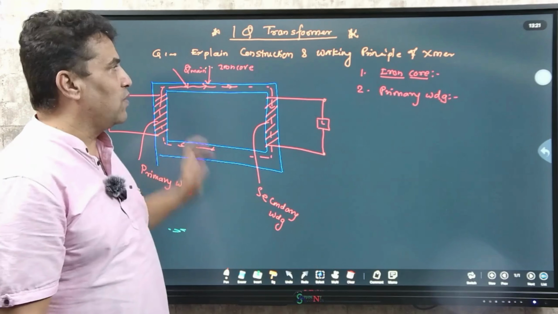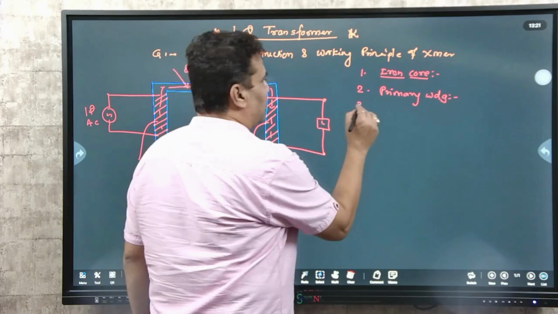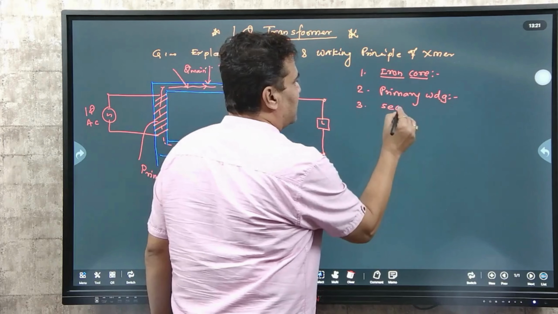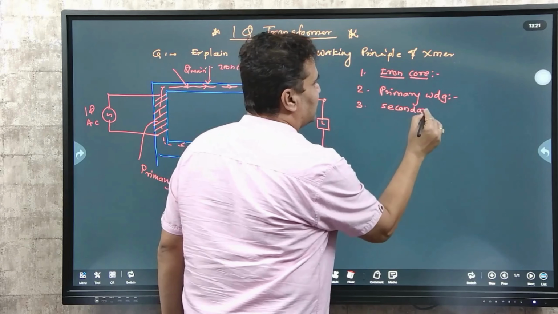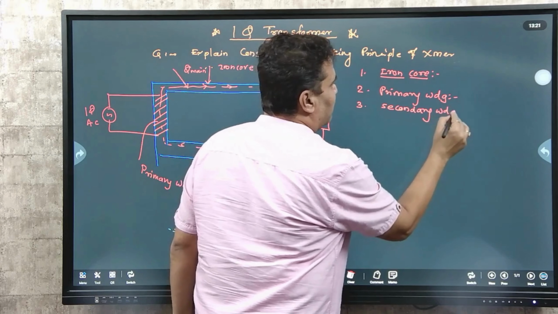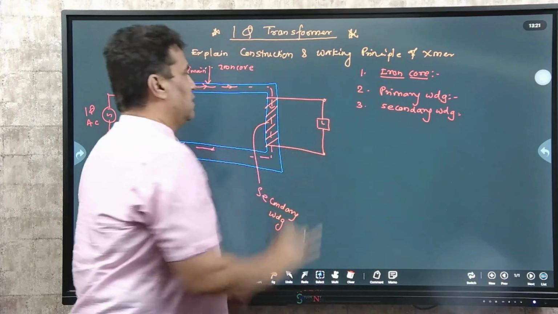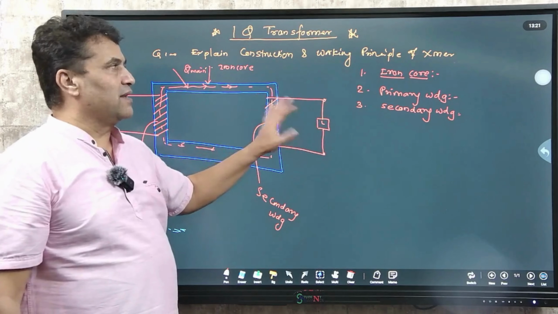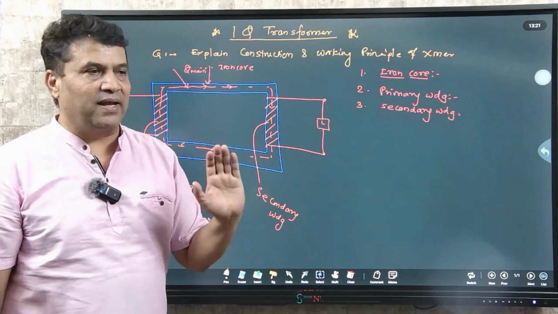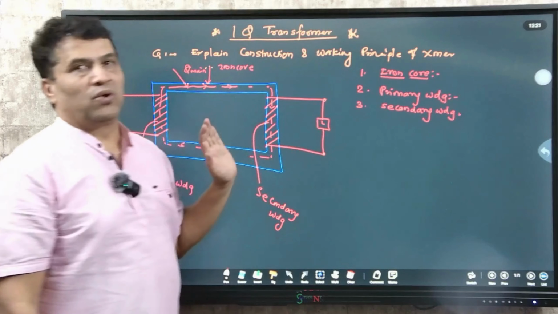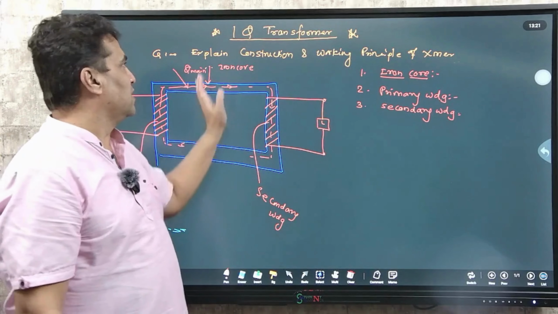The third part is the secondary winding. The winding which is connected to the load side is always called the secondary winding, and its basic function is to satisfy the load requirement, because the load is always connected to the secondary side.